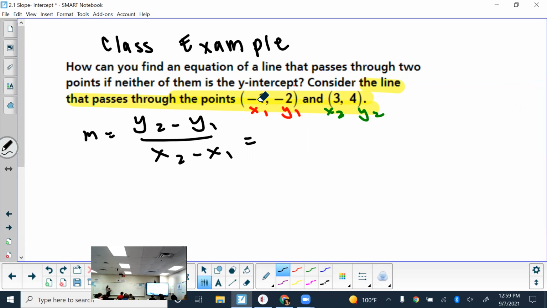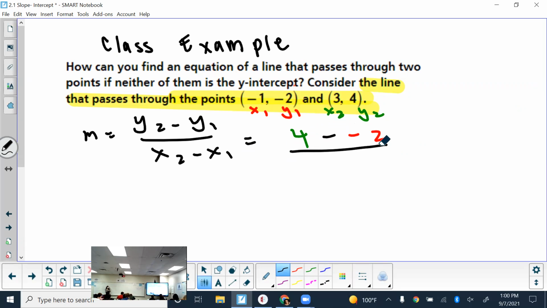So if I label them like this, what are we saying that y2 is? 4. And then it's going to be minus y1. What did we say y1 is? -2.